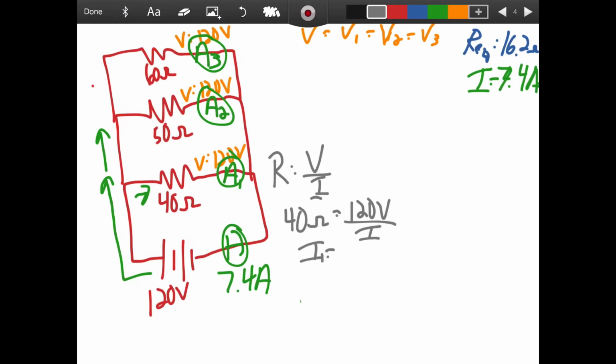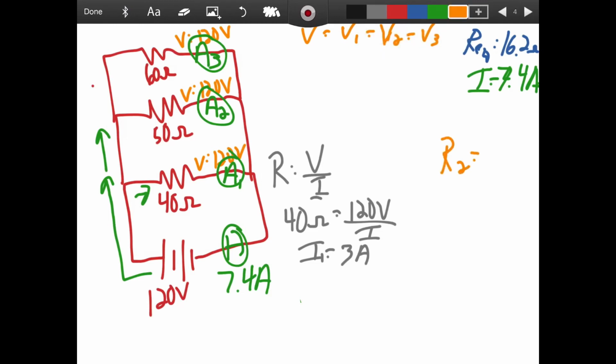So I get the current, or in I1 or A1, to be 3 amps of current. And you'll notice the higher the resistor is, the less current there should be, because with higher resistance, less current can flow. So let me go on to the next one.